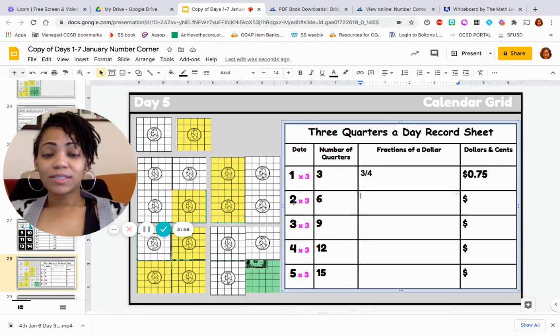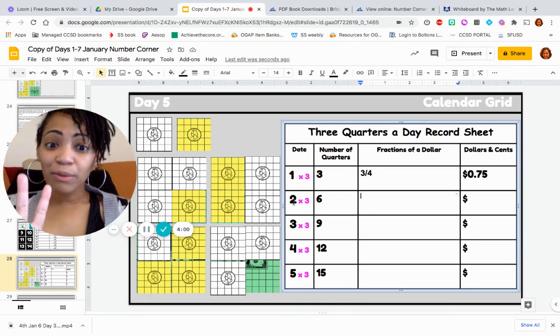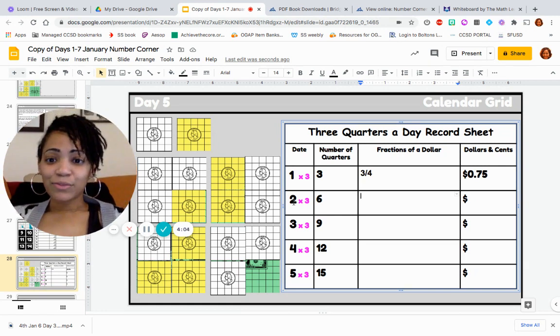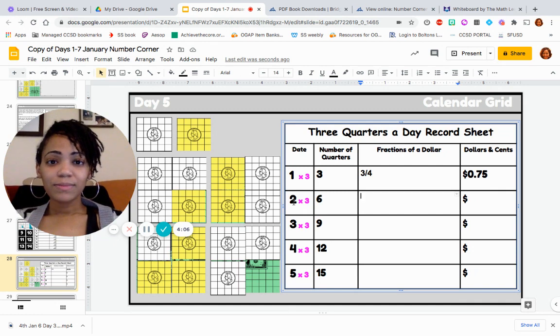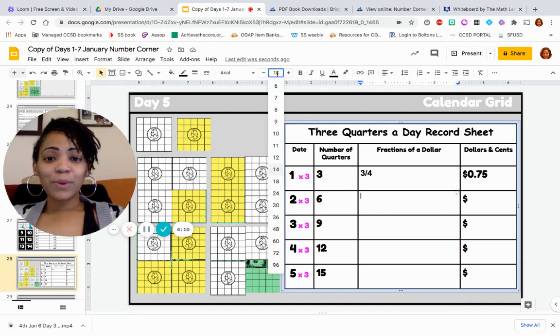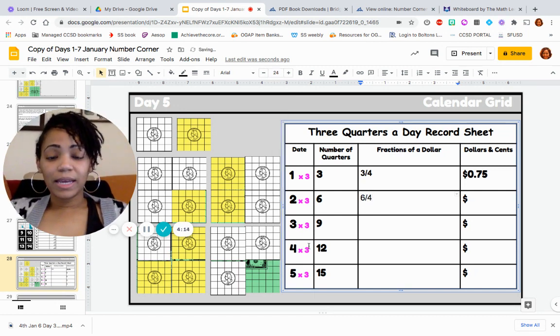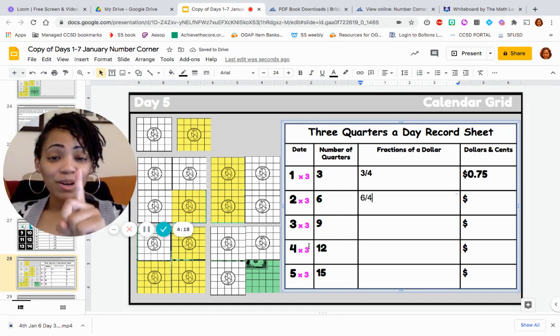So how many quarters did we have on day 2? Right, second day of school times another 3 quarters, it's going to be 6 quarters. So how do I write that as a fraction? 6/4. Now, let me clarify for you that a quarter is 1/4 of a dollar.